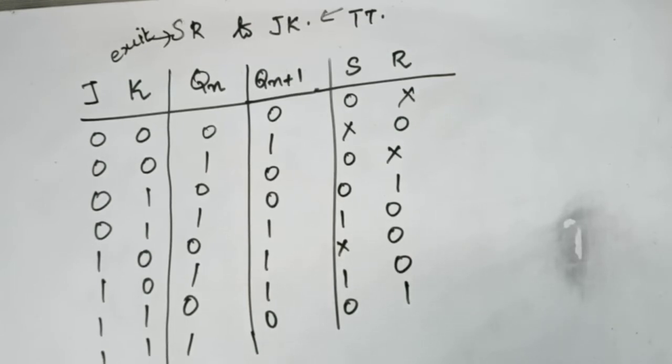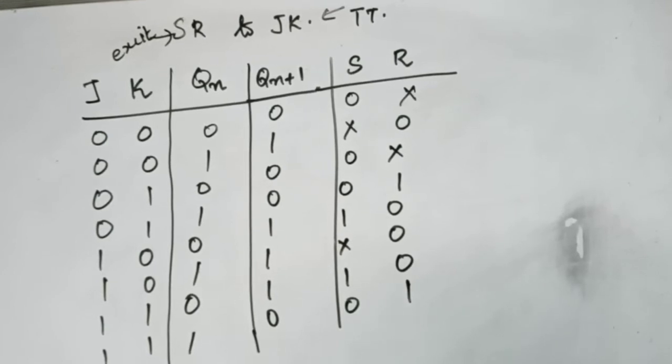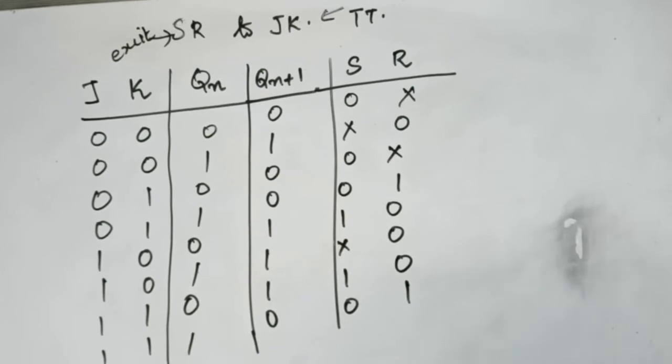You know the previous state. You know how JK flip-flop will work. So what should S and R be? Okay.